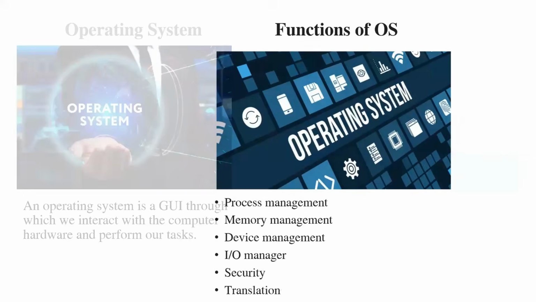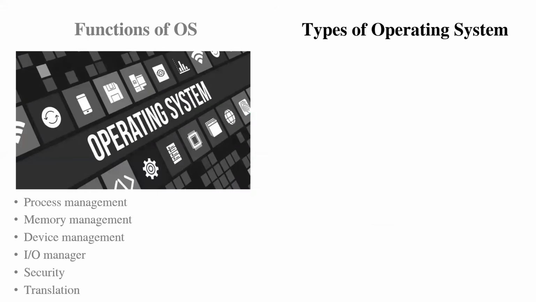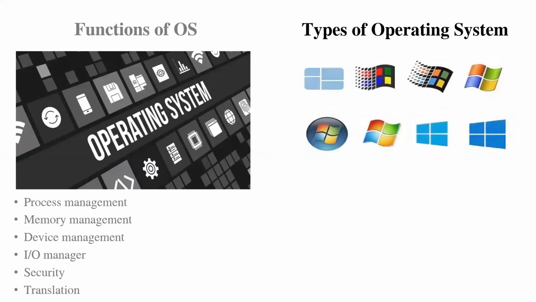So let's go and talk about the types of operating systems. There are different operating systems, but some of the most commonly used are Windows. Windows is one of the most commonly used all over the world now.